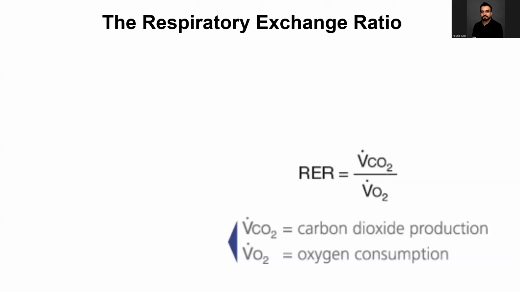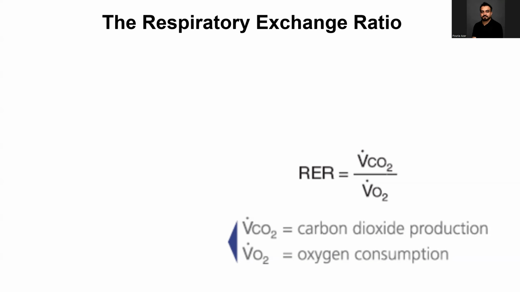The respiratory exchange ratio is a very interesting topic to talk about. And this is the formula of the respiratory exchange ratio, RER. It's like a math problem, you know. It's the volume of carbon dioxide production over oxygen consumption, VCO2 over VO2.